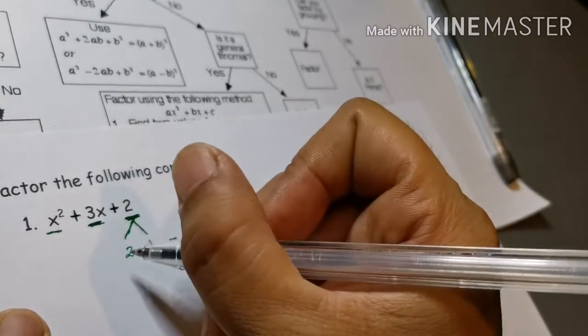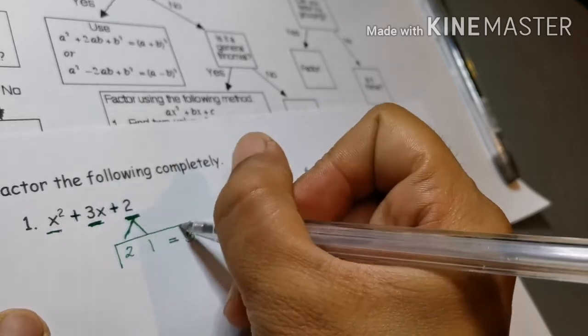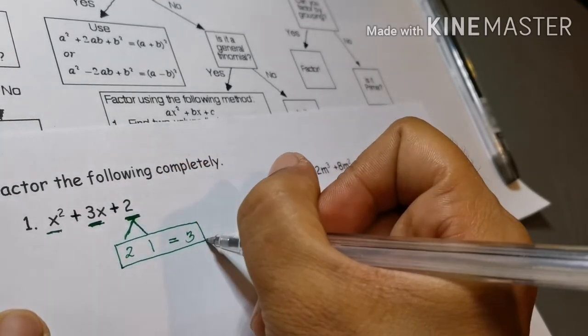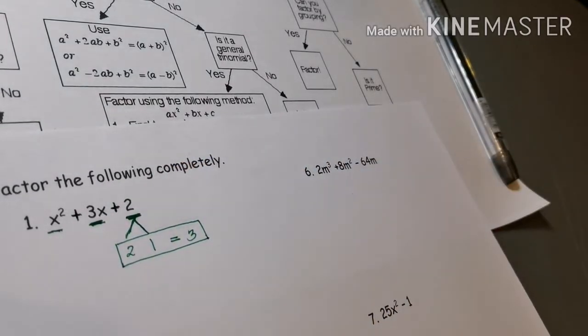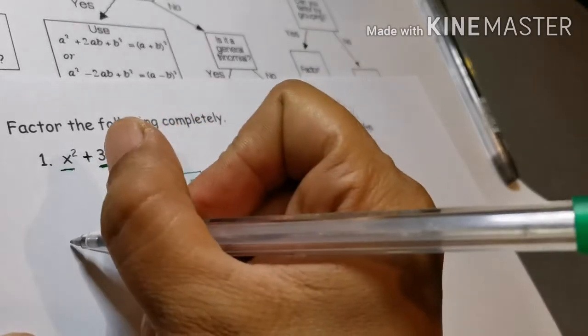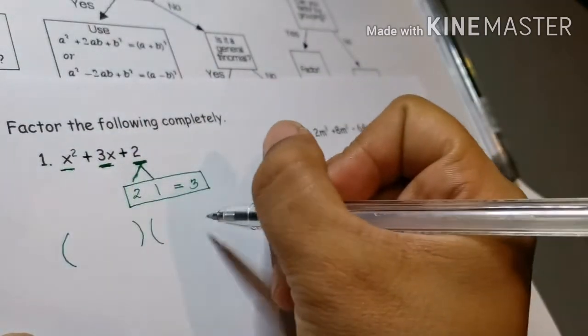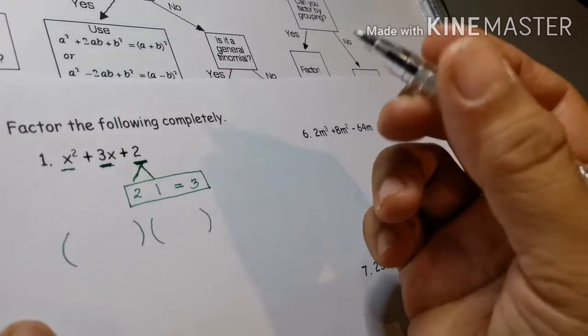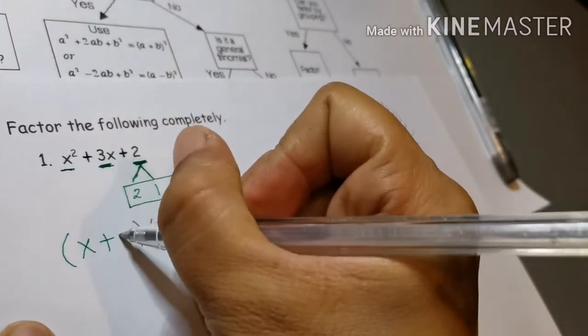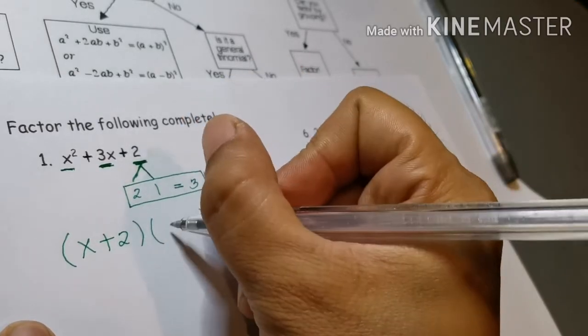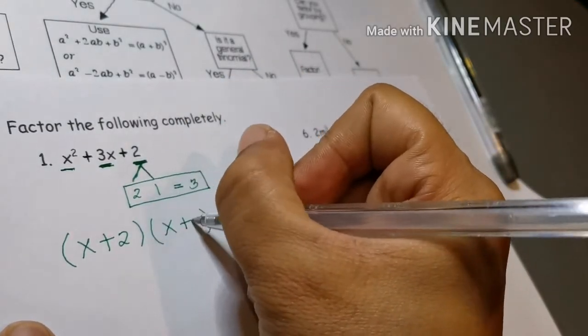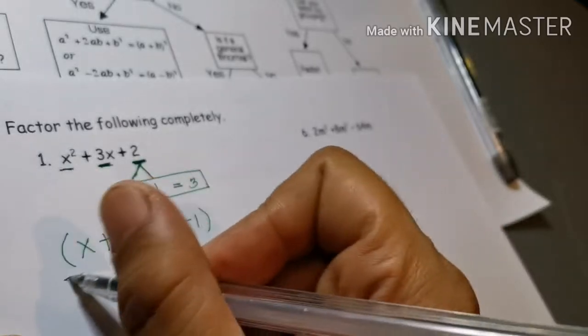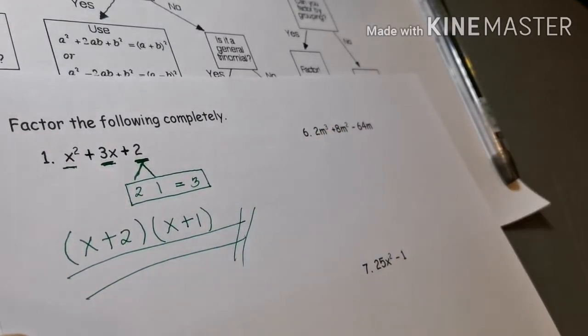It is positive 3. Therefore, 2 and 1 are the factors that we are looking for. We can now write the factors of x squared plus 3x plus 2 as x plus 2 and x plus 1. As easy as that.